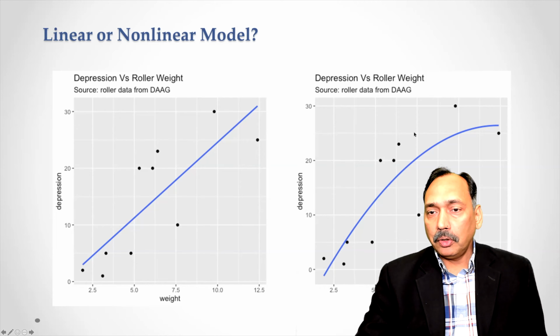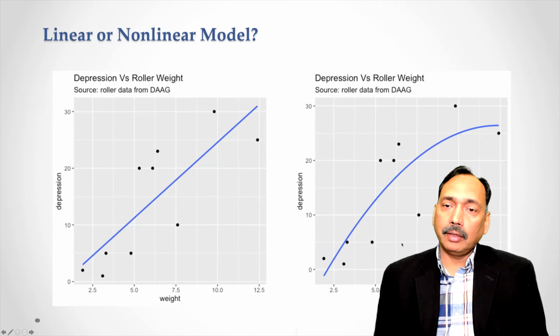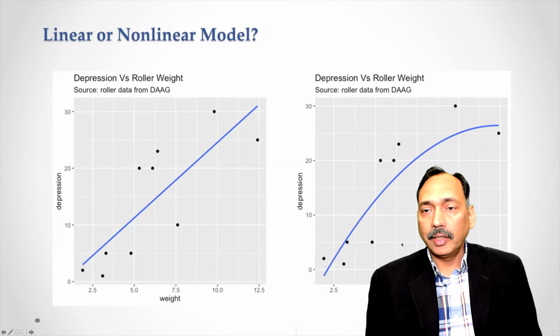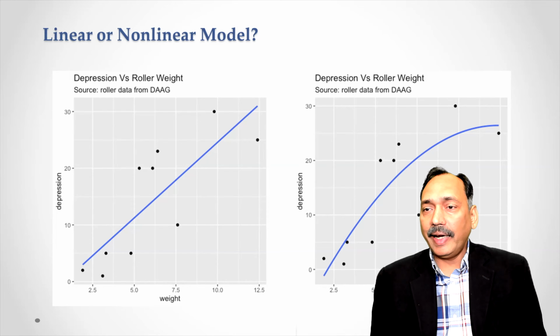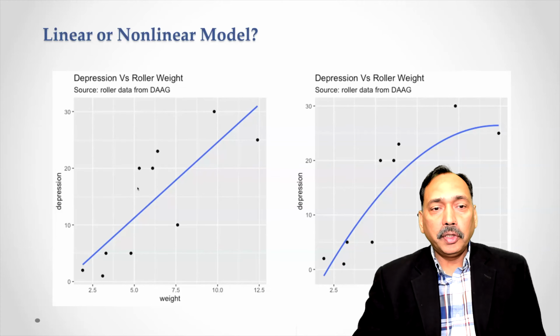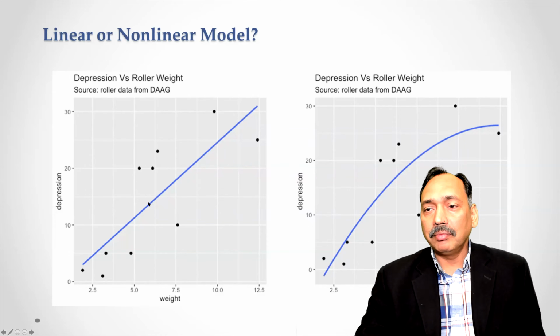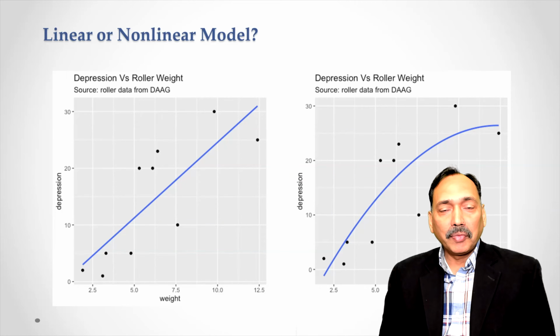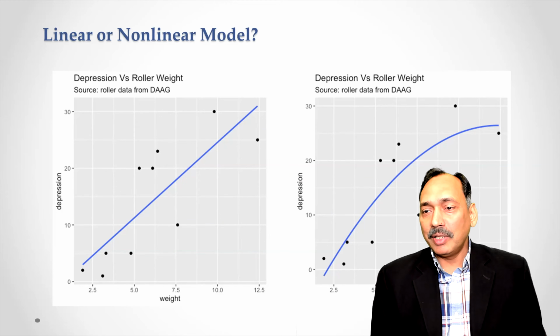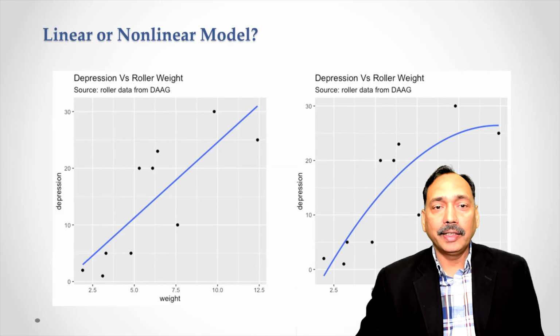But I have also added this plot here where you have a nonlinear pattern. And I achieved this by adding a quadratic term. So here you have y equals the intercept plus slope times x. So that's how we represent this equation.